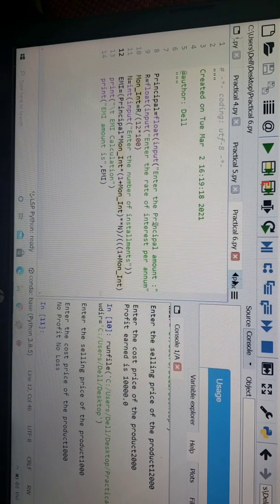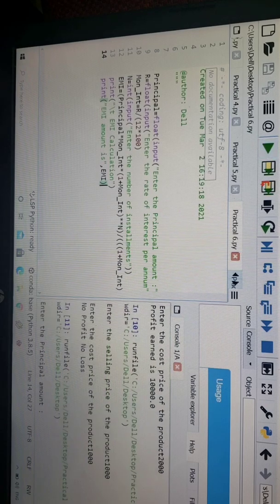This is the pure formula of EMI. There is no logic, nothing like that. Only this is the formula, the way people are calculating EMI, so that I am using. Then printing the EMI calculation, whatever the amount is coming, that will be stored in EMI, and it will show you the output. Run this program.